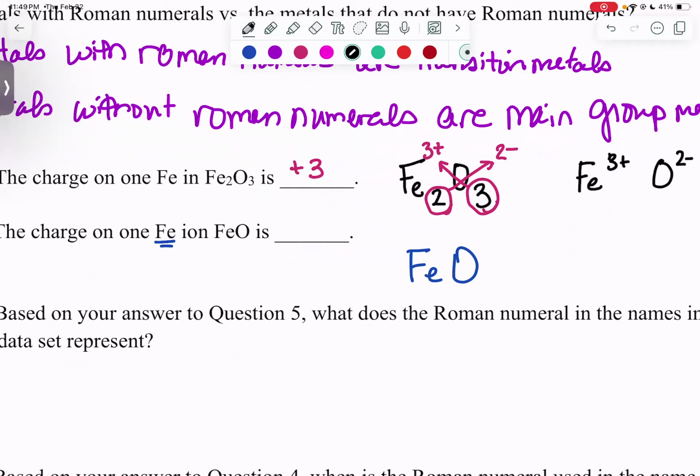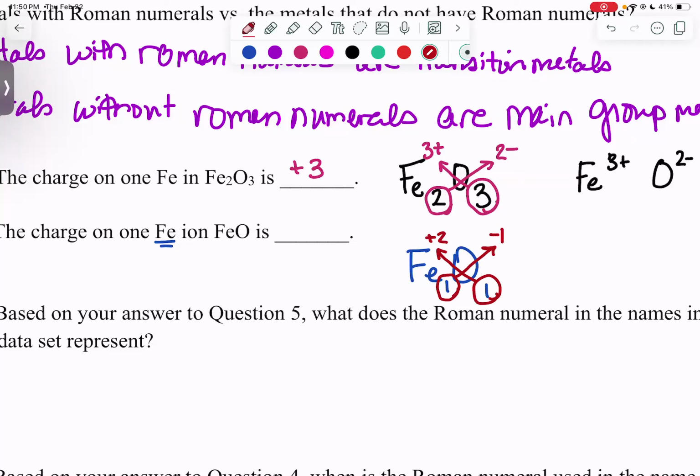But here's my problem, right? If there's nothing there, what can I assume is there? A 1, okay? So now I'm going to take my 1 and do the crisscross. I'm going to say, okay, if it's a 1 there, it's a 1 here. And then oxygen has to be negative because it's a nonmetal. And then I'm going to do the reverse. I'm going to take the number of oxygen atoms and make it the charge on iron.